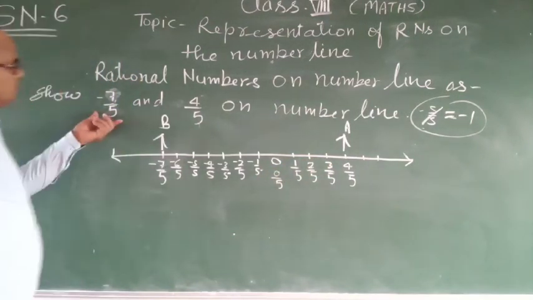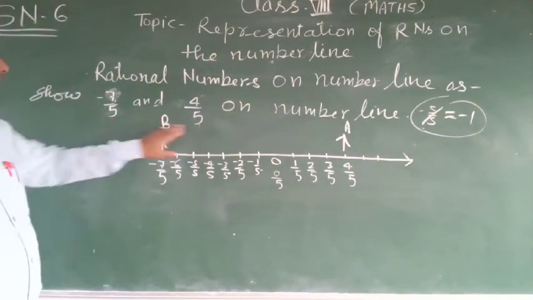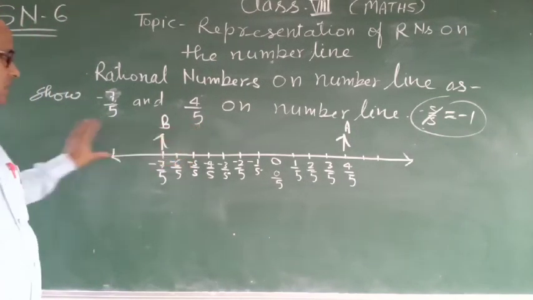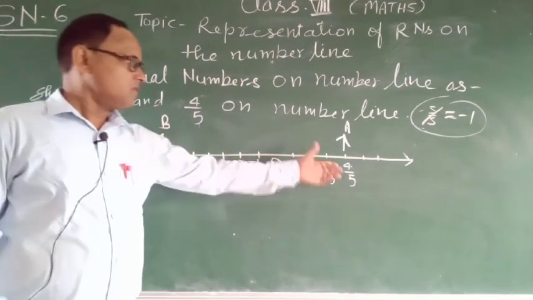When the denominators are the same, it is very easy to show the rational numbers on the number line.